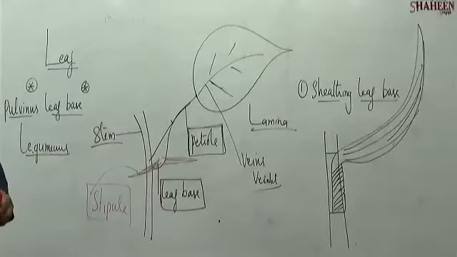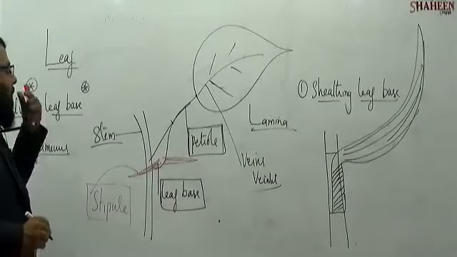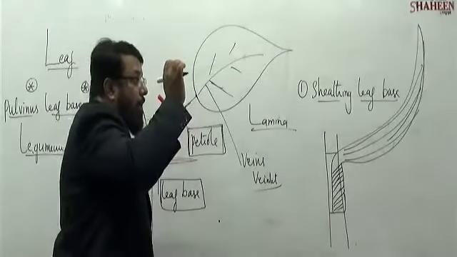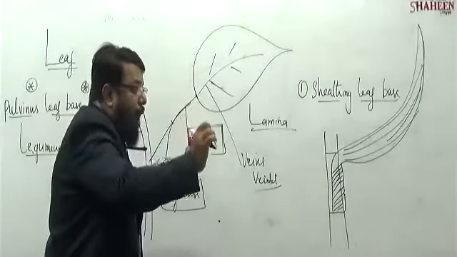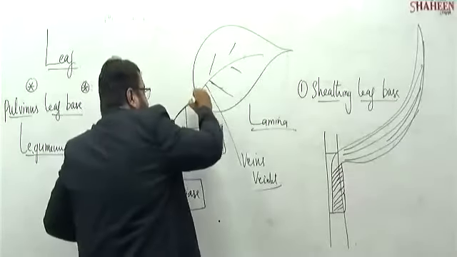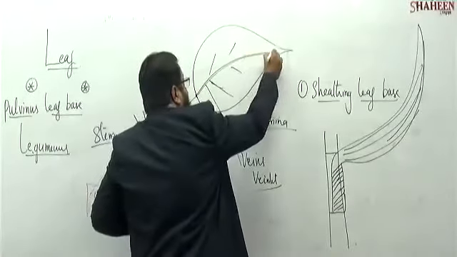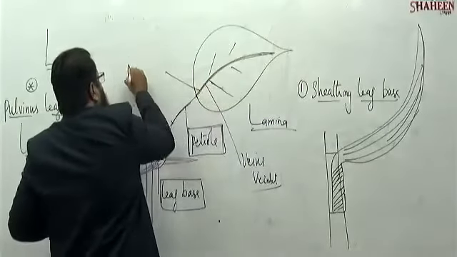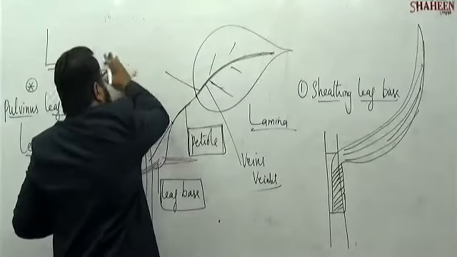The main prominent, important vein that runs in the center is called the midvein or midrib.